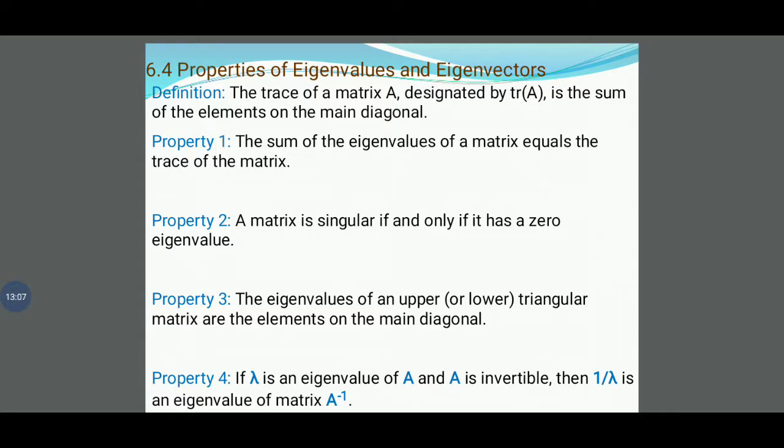It means, if suppose a matrix A has eigenvalues 1, 2, 3, then their addition will be 6, which is equal to the sum of its diagonal elements. That is the meaning of the first property. For the previous example, 2 2 2 are the diagonal elements and its eigenvalues are 2 2 2 repeated again. The summation is 6 in both cases.